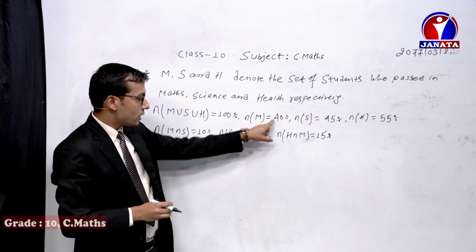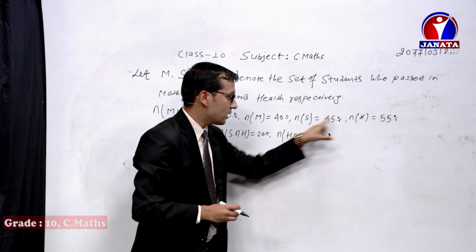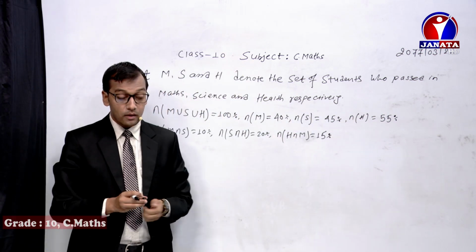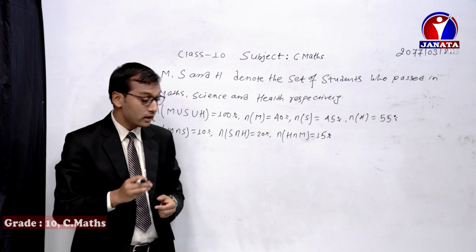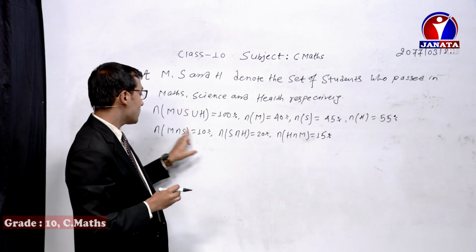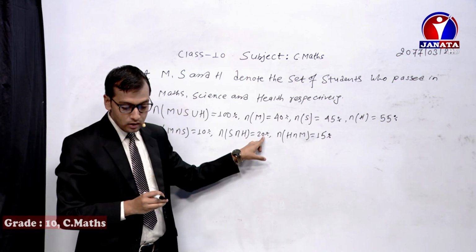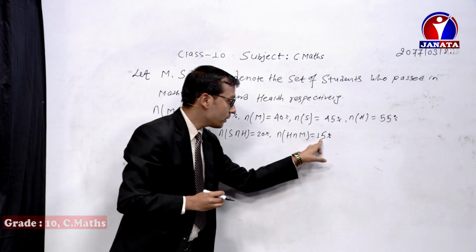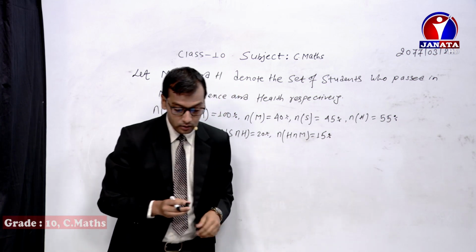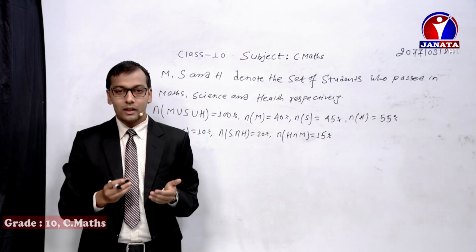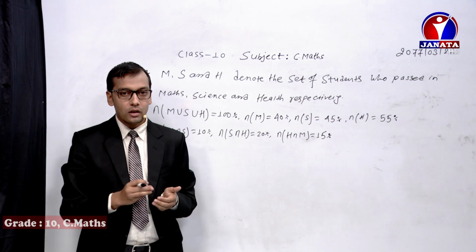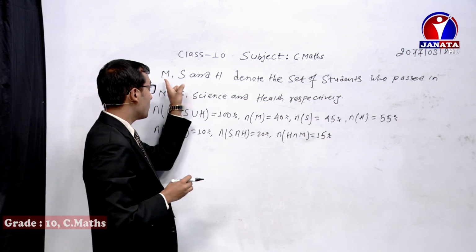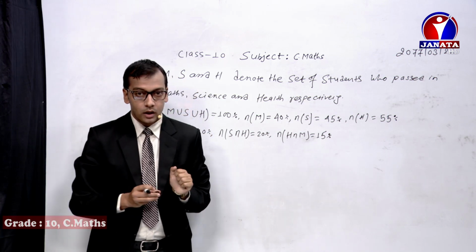Similarly, 10% students passed in math and science, 20% students passed in science and health, and 15% passed in health and math. So we are calculating the intersection of all three sets, which are denoted by M, S, and H.